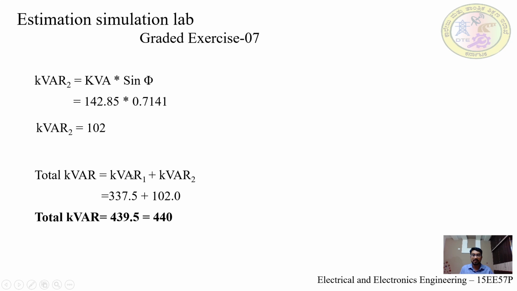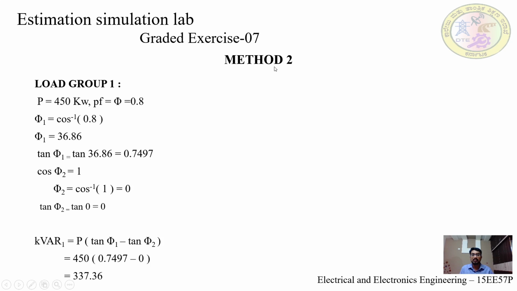Now we will add kVAR1 for load group 1 with kVAR2 for load group 2 to find the total compensation required. kVAR1 is 337.5 and kVAR2 is 102. Hence, their sum is 439.5. We can round it off to 440 kVAR.